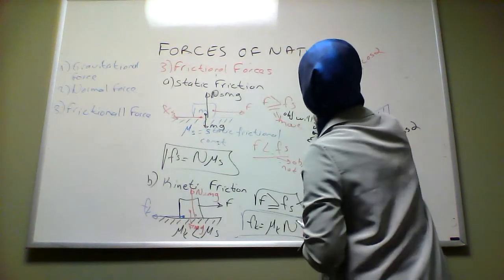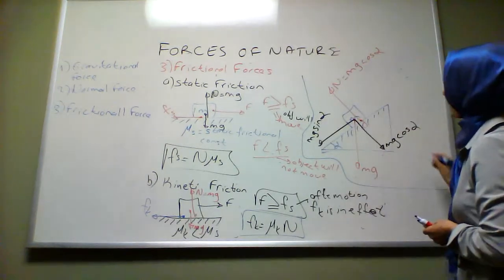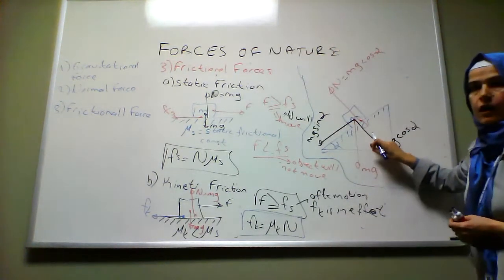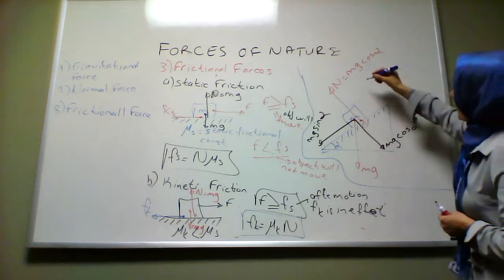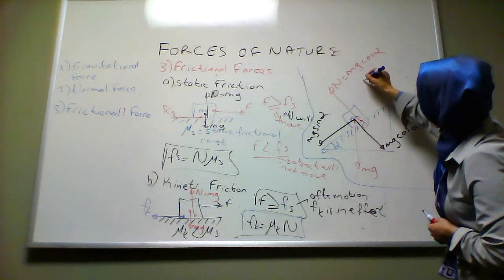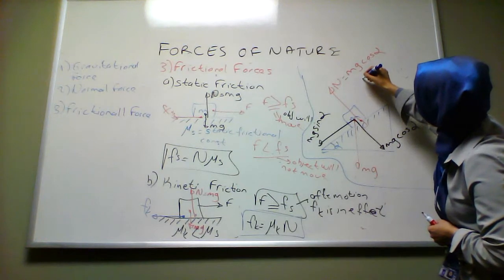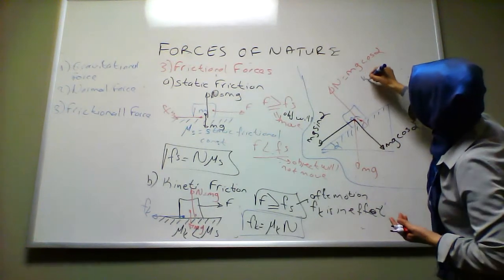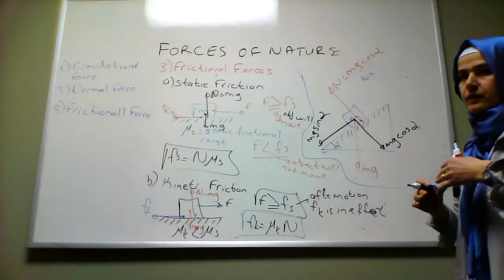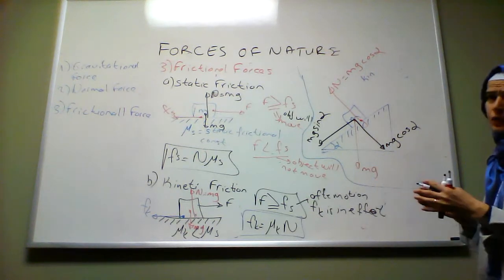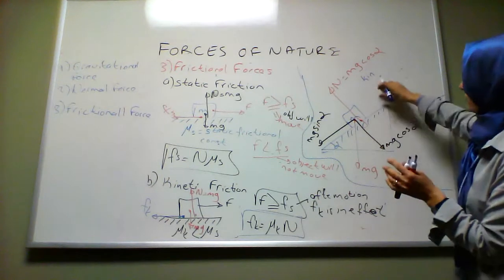Coming back to here, for example, let me divide this part. If I have an object on an inclined plane, let's go into the kinetic one. We won't be dealing with static frictional force too much. We'll be looking at motion generally. In some questions we might, but generally we'll be looking at motion.